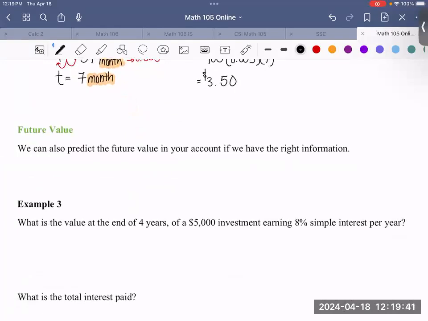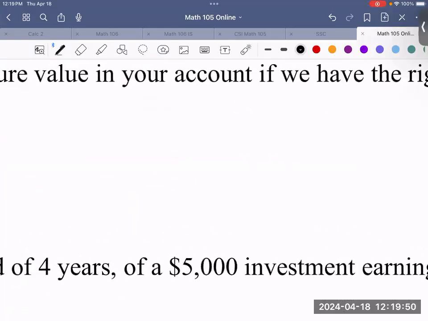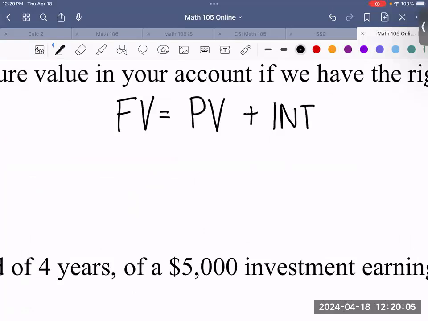Now we're going to calculate your future value. So we can also predict your future value in the account if you have the right information. Now, future value, we can do a number of different equations. So your future value is equal to your present value, something that you have in your account initially, plus the interest that you may have earned.